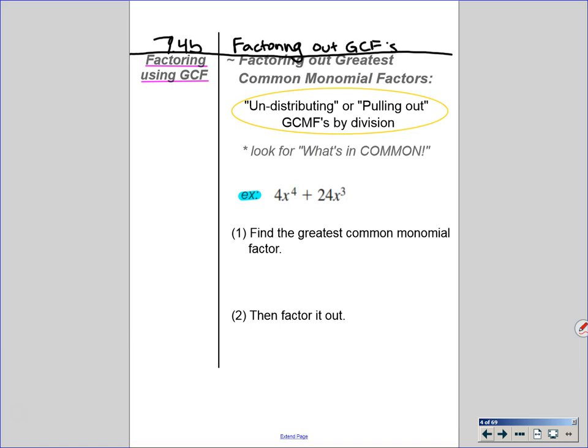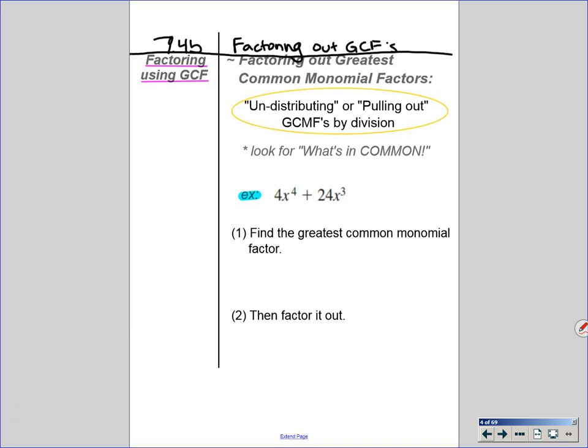Wait, undistribute? What's distributing? It's the multiplication thing, right? Isn't distributing when you have a number on the outside and you're trying to take it in? Distributing is what those of you that did arrows were thinking of when you were foiling.